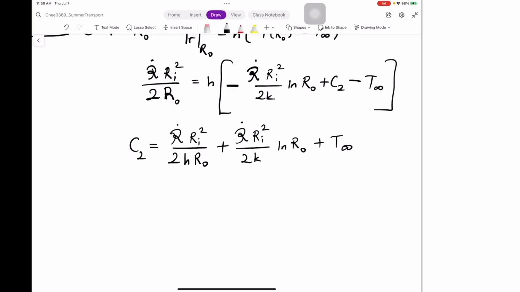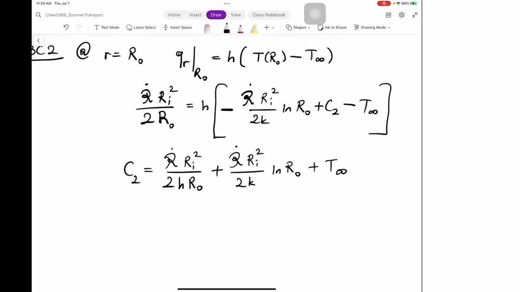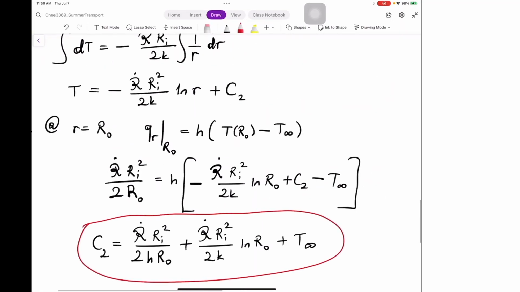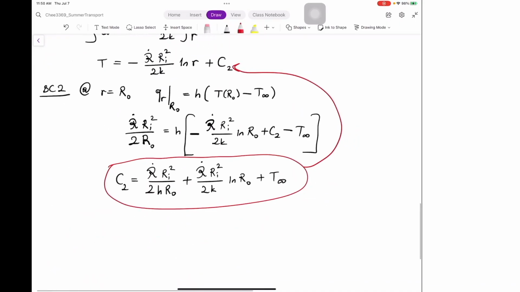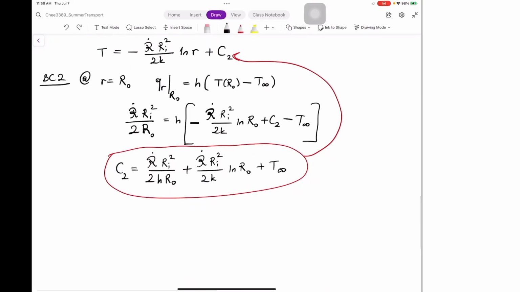Okay. And then if you plug this in here and combine this term with this term, you get the following.